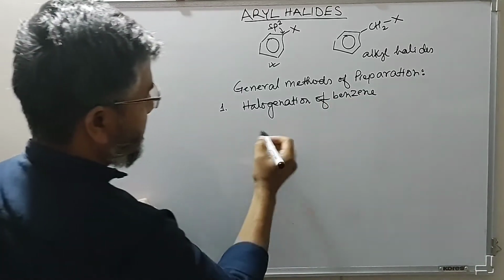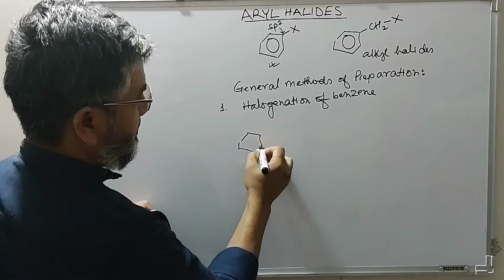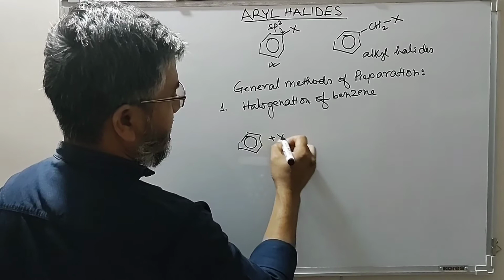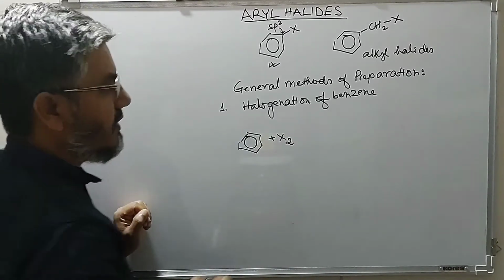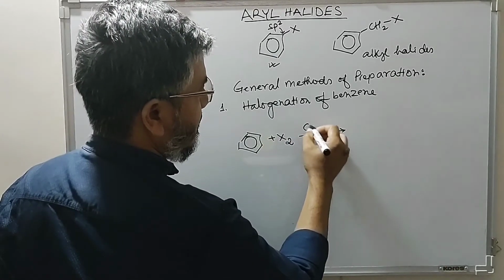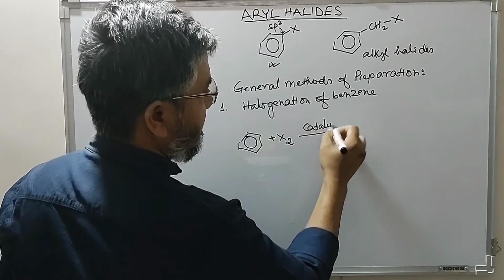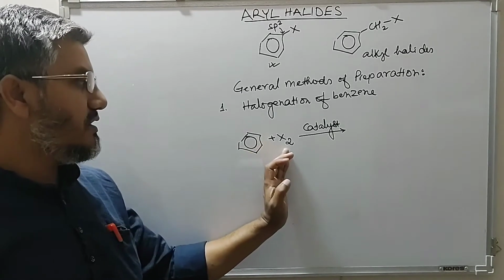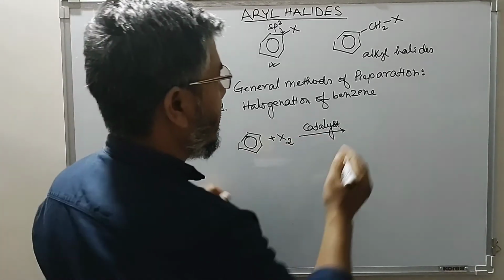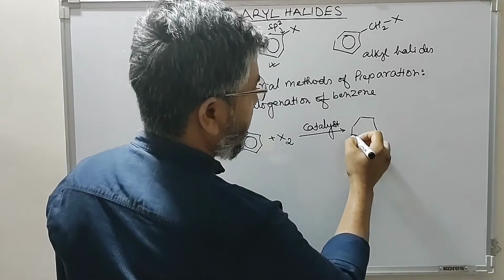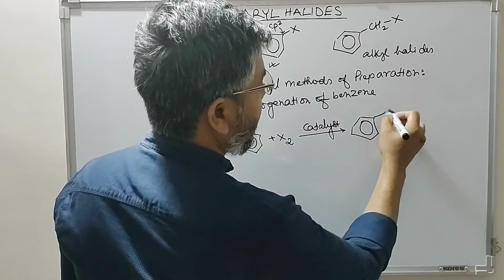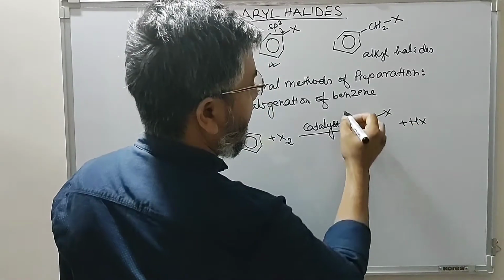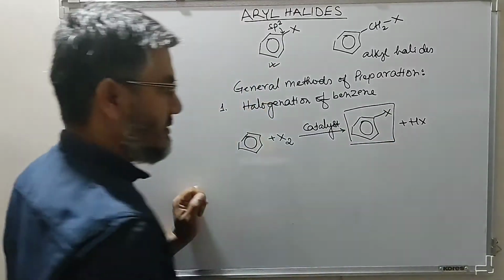So we have, look at this, benzene. Now this benzene reacts with halogen in presence of a catalyst. In the reaction of benzene with halogen in presence of a catalyst, one of the hydrogens of the benzene ring is replaced by halogen, and this gives you an aryl halide.